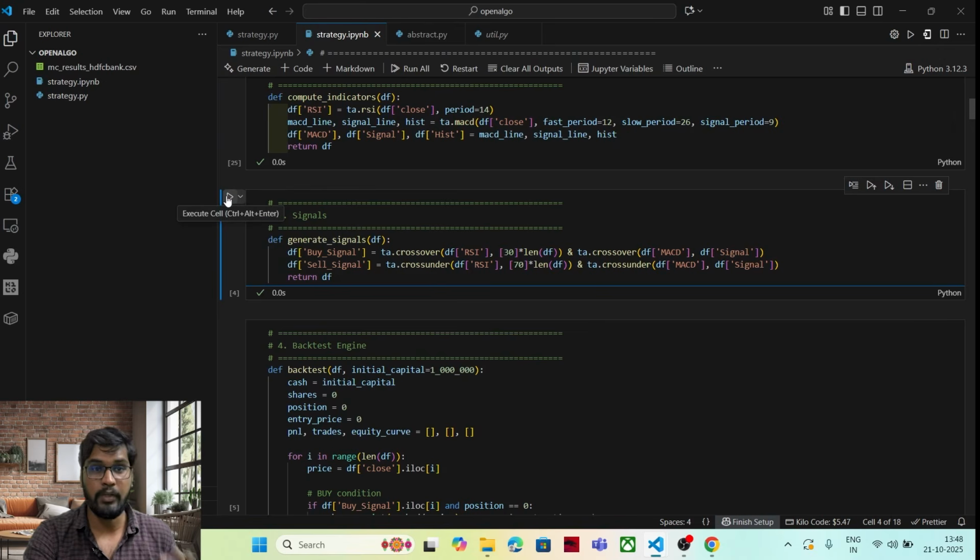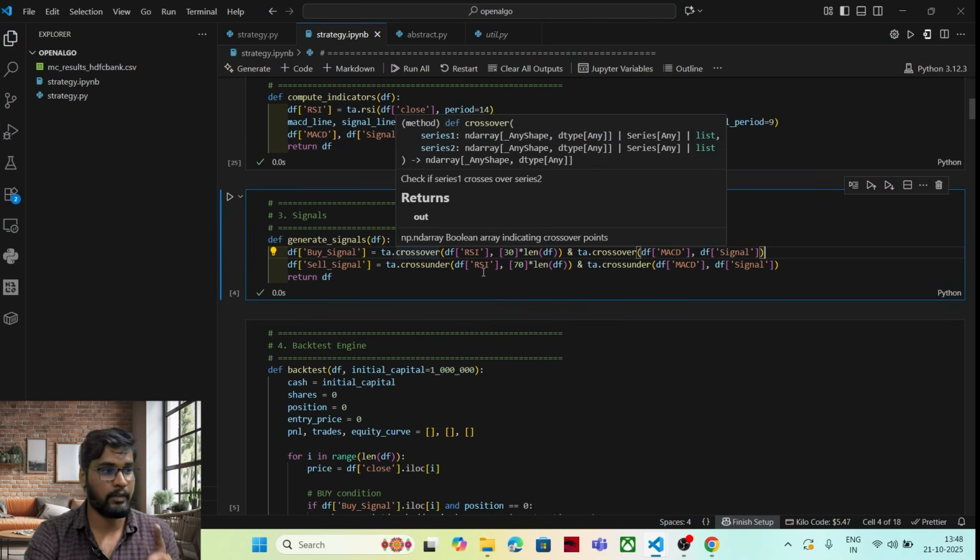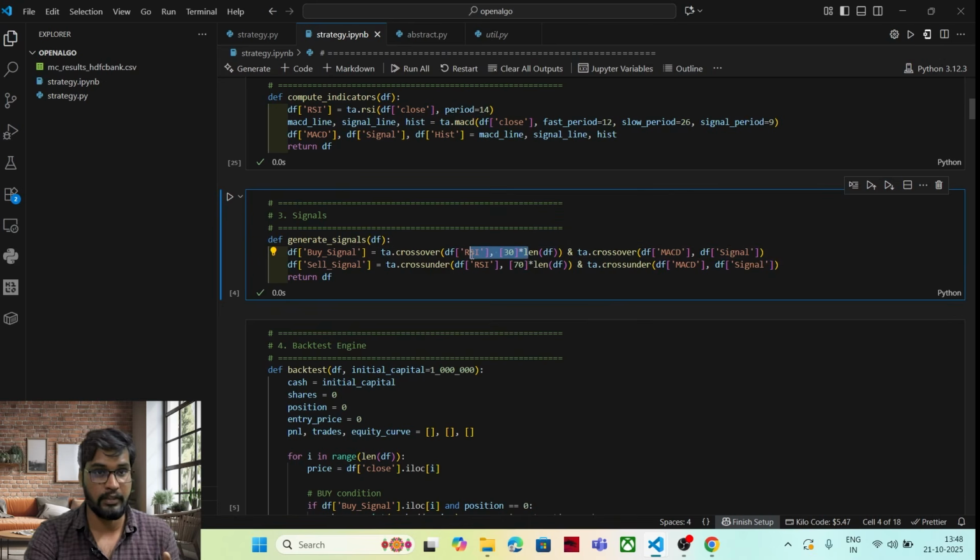A signal would be generated only when your RSI is less than 30 and MACD gives a buy signal. So I am buying the stock only when my RSI is less than 30 and my MACD is giving a buy signal. Similarly, I'm selling the stock only when my RSI is greater than 70 and MACD is giving a sell signal.